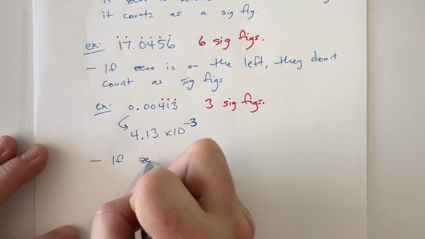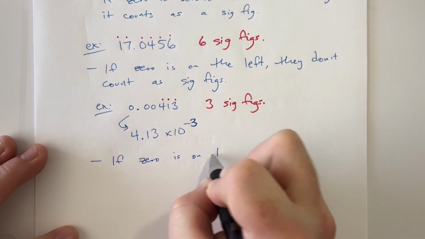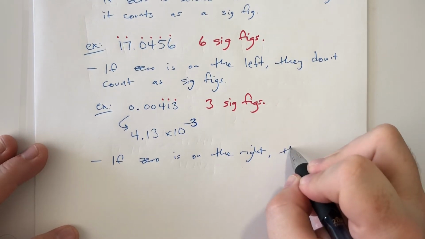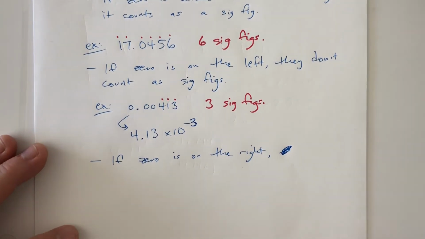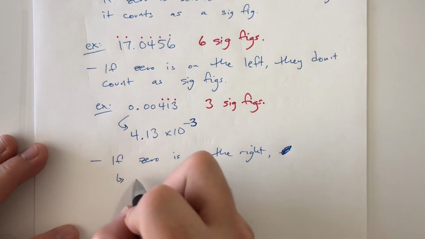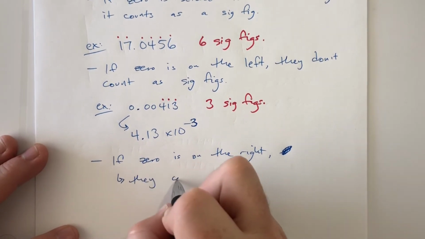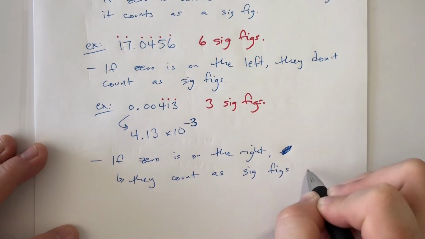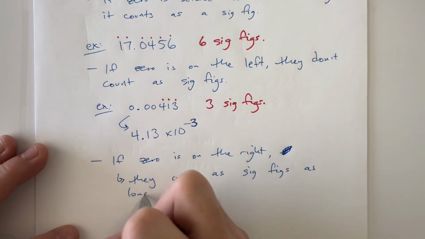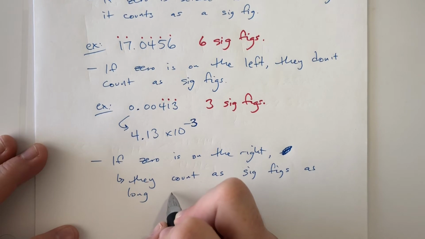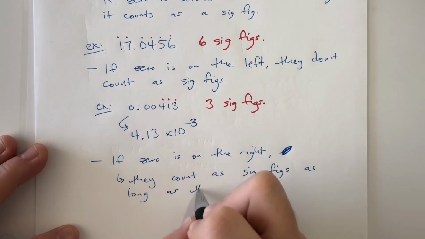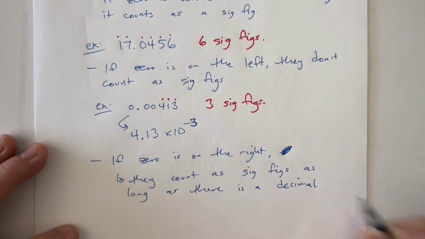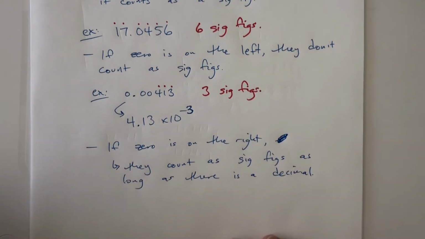If the 0 is on the right, it kind of depends, honestly. They count as sig figs as long as there is a decimal. So if there's a decimal point anywhere in the number, they count as sig figs.